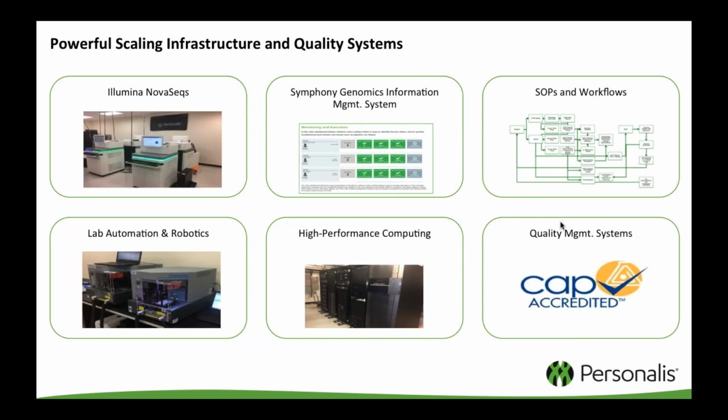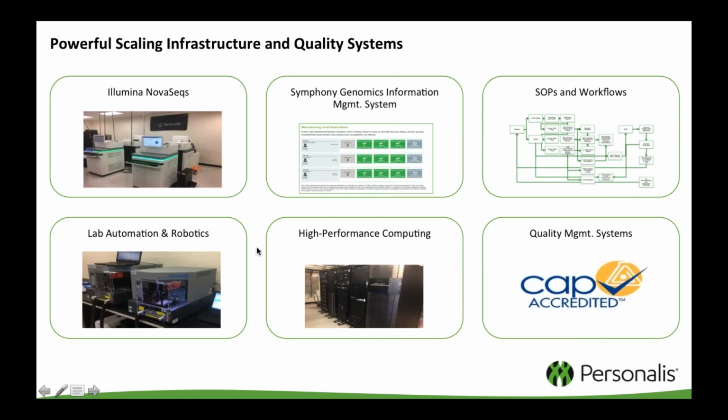So there are other critical components that need to be considered in meeting the operational infrastructure needs of biomarker discovery, and we've listed some of those considerations here. So having the necessary instrumentation and automated processes to meet these fast turnaround times is a top priority. So at Personalis, we have significantly scaled our sequencing operations with the acquisition of the latest Illumina sequencers, the NovaSeq system. So here's a picture from our lab of several of them in action.